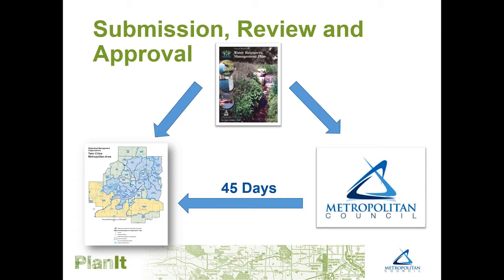The Council then has 45 days to review the plan and submit comments to the watershed. The watershed then has 60 days from date of submission to review the plan, consider the Council's comments, and then either approve or disapprove the plan. A copy of the Council's comment letter will also be sent to your community.